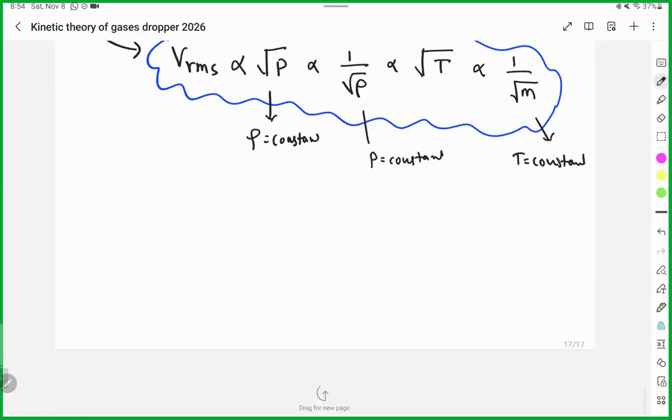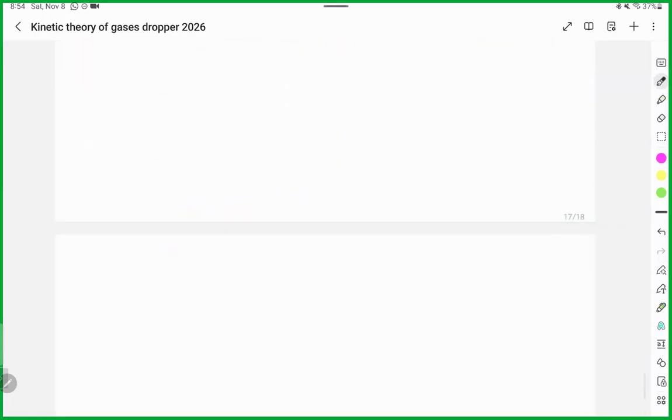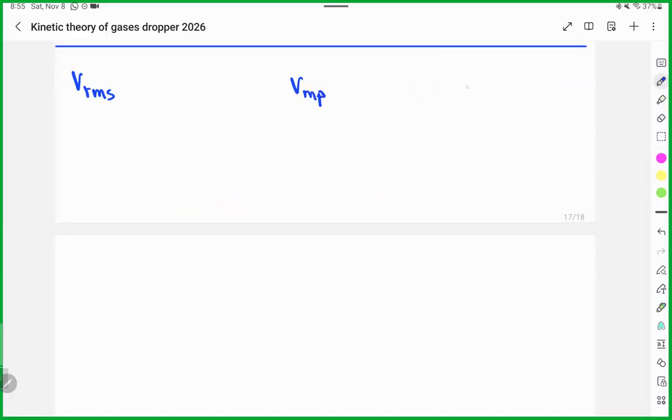Okay. So there are three velocities. After that, we'll solve a few questions. You have seen three velocities: vRMS, v most probable, and v average.